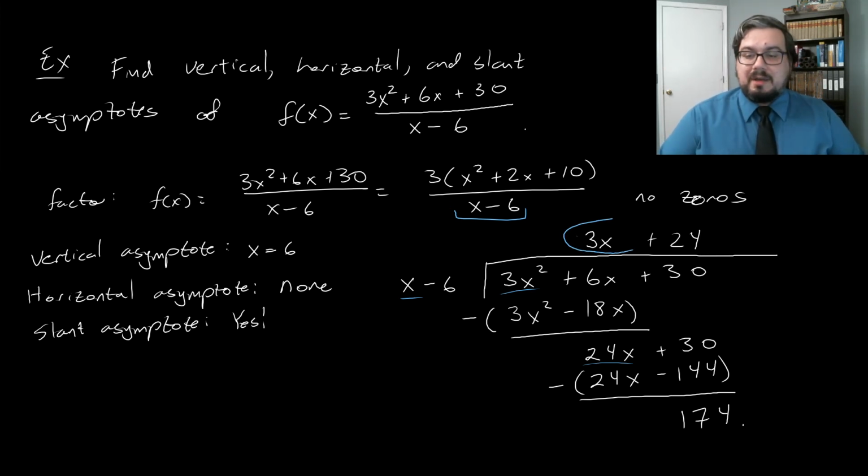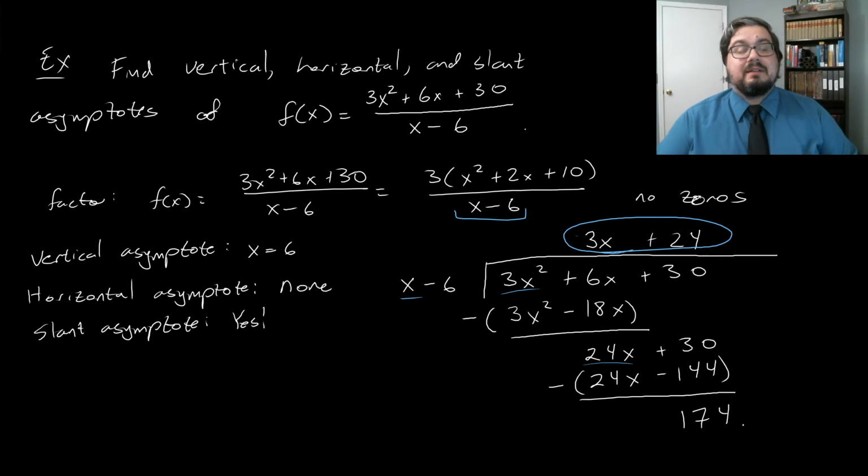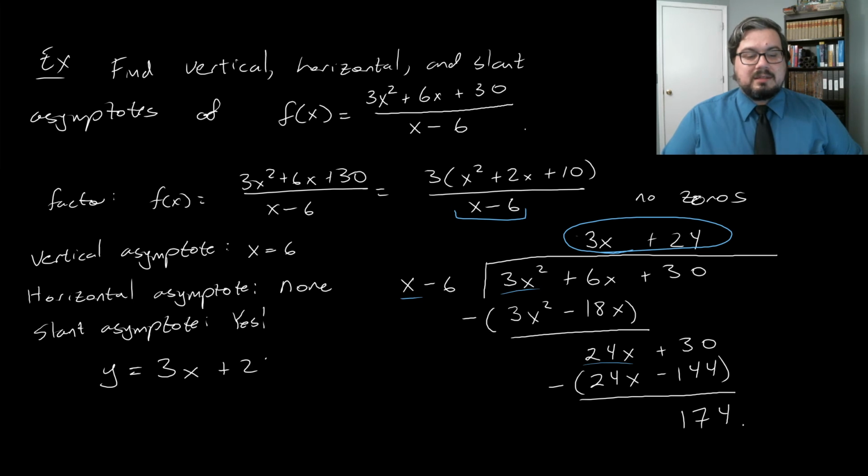We just care about this up here. This linear polynomial expression is precisely the formula for the slant asymptote. So the slant asymptote for this function has the form y equals 3x plus 24. And that's how we can find the slant asymptotes.